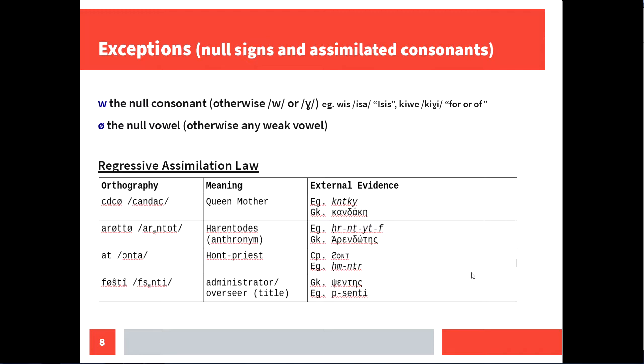So it's the same principle that makes father and farther homophones, F-A-T-H-E-R and F-A-R-T-H-E-R. The Meroitic orthography is non-rhotic.